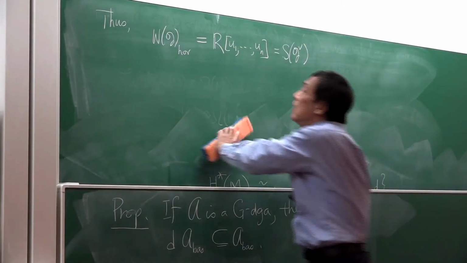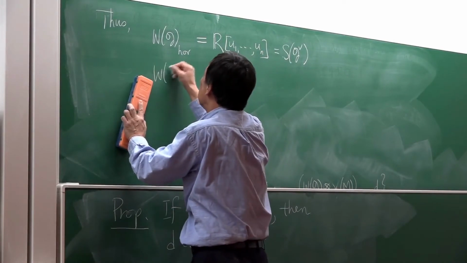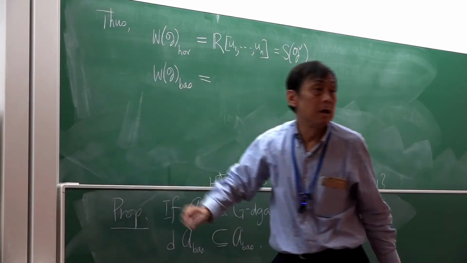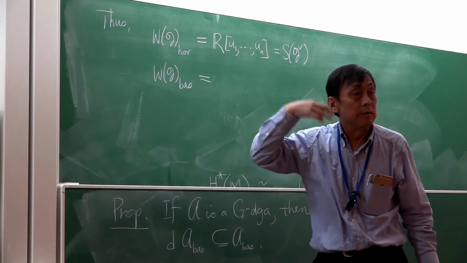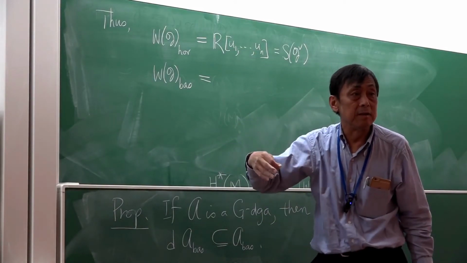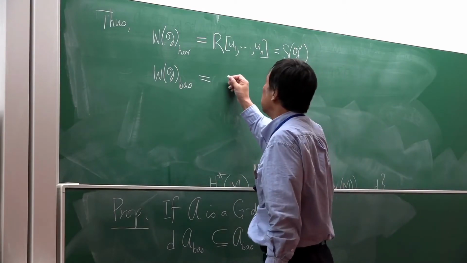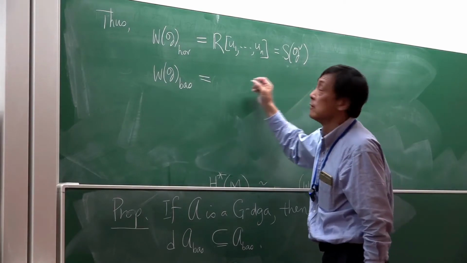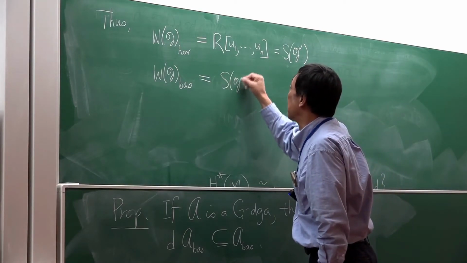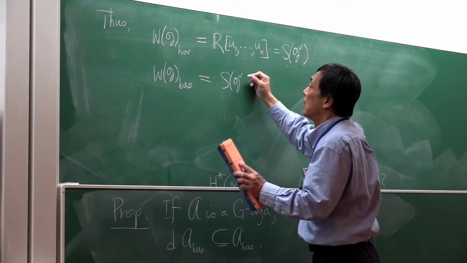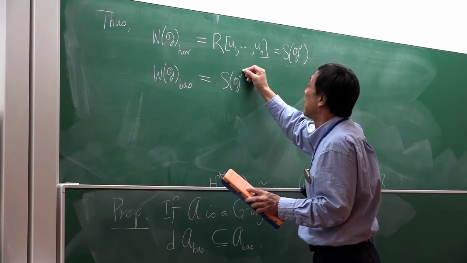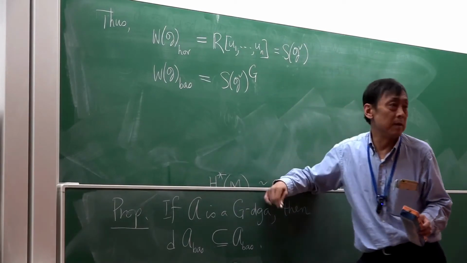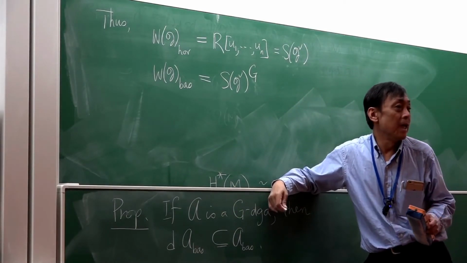Now the basic elements are the horizontal elements that are invariant. So it's the invariant polynomials. Okay?